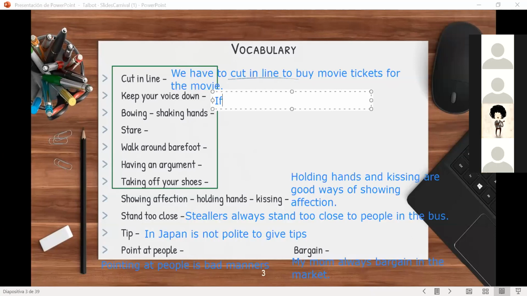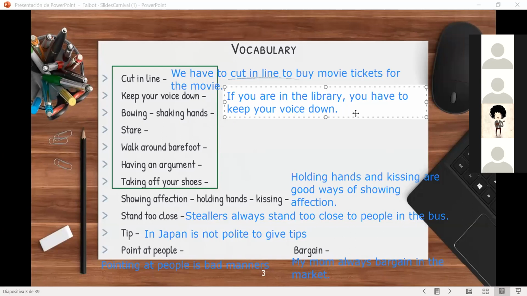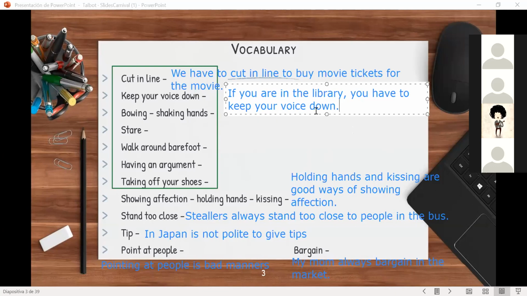Keep your voice down. That's a good example. If you are in a library, you have to keep your voice down. Y cuando están en una biblioteca, tienen que hablar bajito, ¿no? Tienen que hablar despacito, bajito.